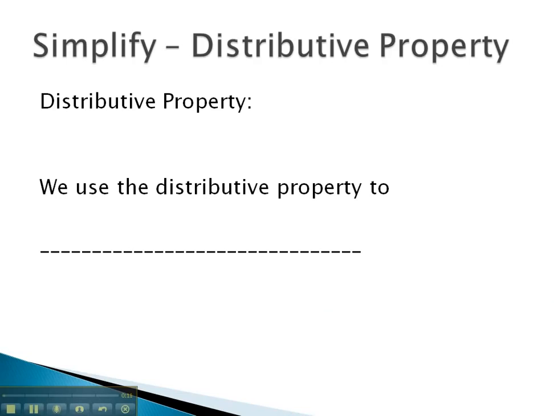The distributive property simply says that if we have a number in front of parentheses with maybe something else inside it, a times b plus c, what we are allowed to do is take that front number and multiply by what's inside the parentheses, a times the b, and also multiply that a times the other term in the parentheses, giving us positive a times the c.